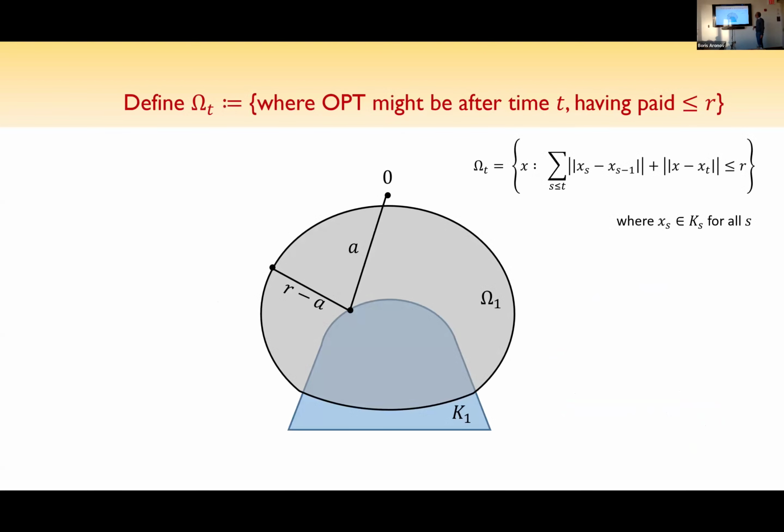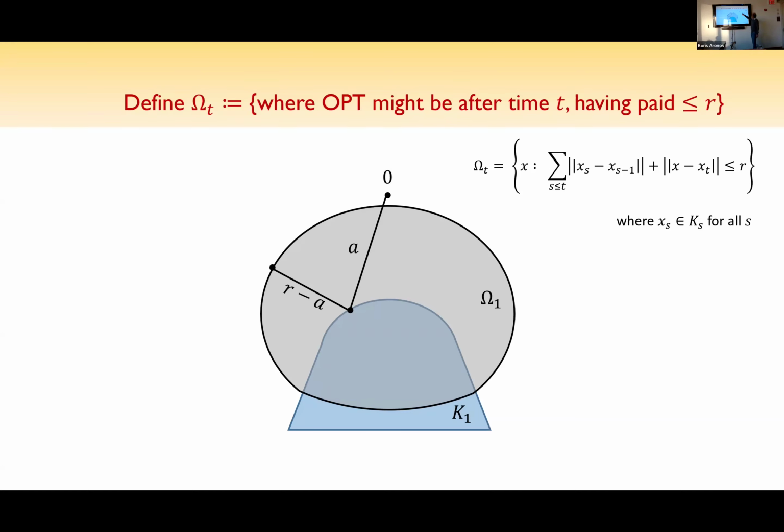Okay. So here's sort of the crucial insight. Let's define a set omega, some imaginary set. After time t, omega_t is the set of all x's where opt might be hiding after seeing the first t bodies.